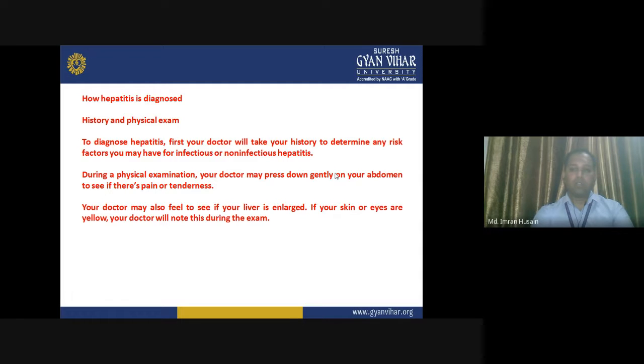If your skin or eyes are yellow, your doctor will notice this during the examination. So these are the things doctors do to identify the conditions involved in hepatitis.